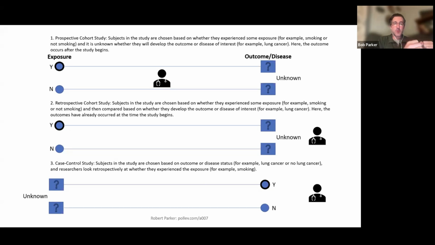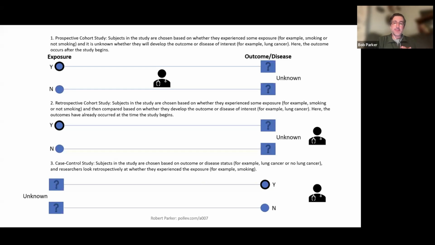For example, smoking or not smoking. And it is unknown whether they will develop the outcome or the disease of interest, for example, lung cancer. So the outcome occurs after the study begins. So a prospective cohort study takes time to follow them up, and that often takes resources to have the capacity to follow all of those patients until an outcome develops or it doesn't.